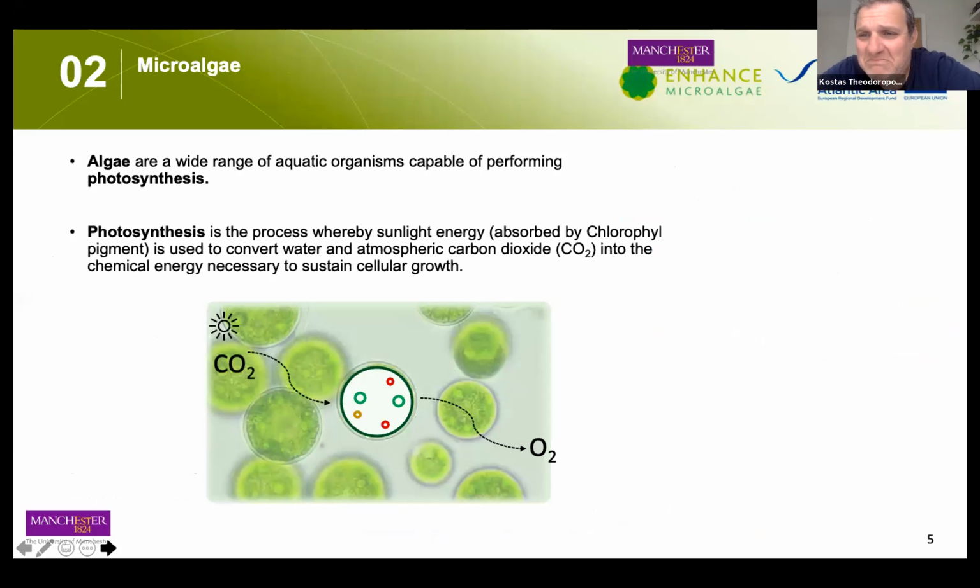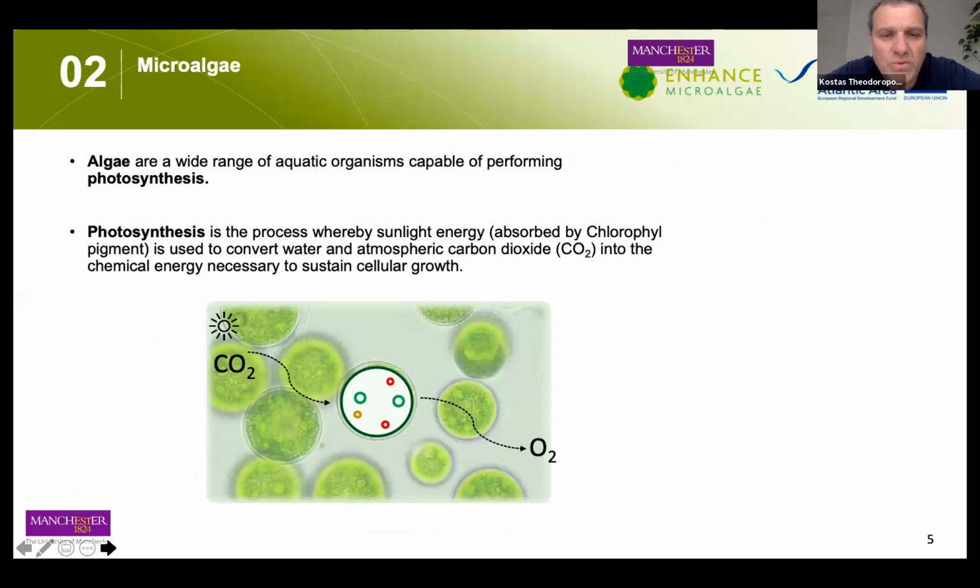Right, so a brief introduction on microalgae. Again, I'm sure if you are here, most of you would know about this, but it's good to introduce the concept. So algae in general are a wide range of aquatic organisms capable to perform photosynthesis as plants would do, right? And what is photosynthesis?